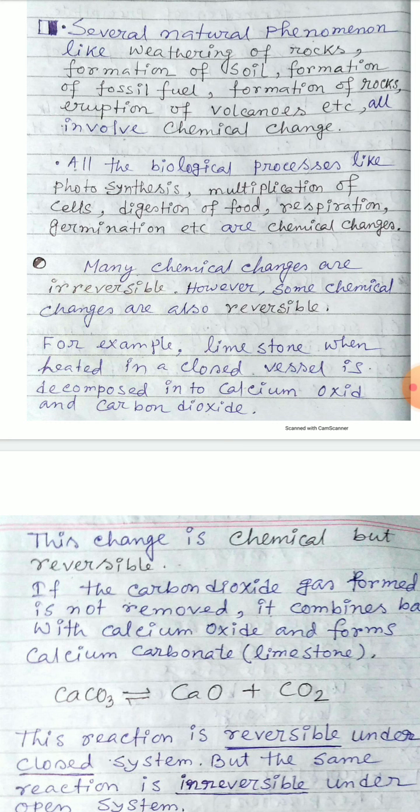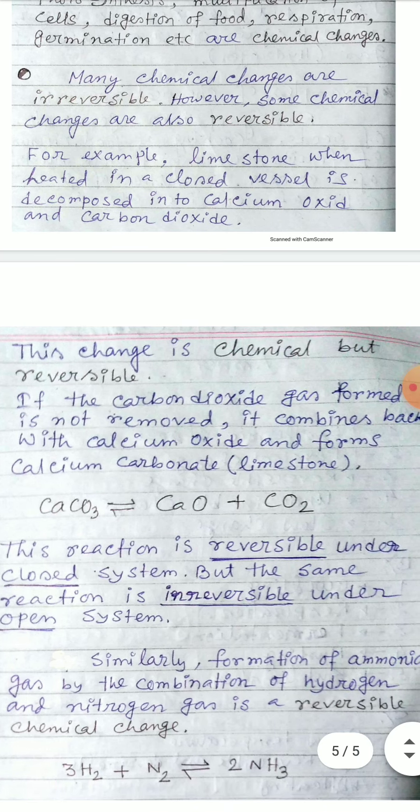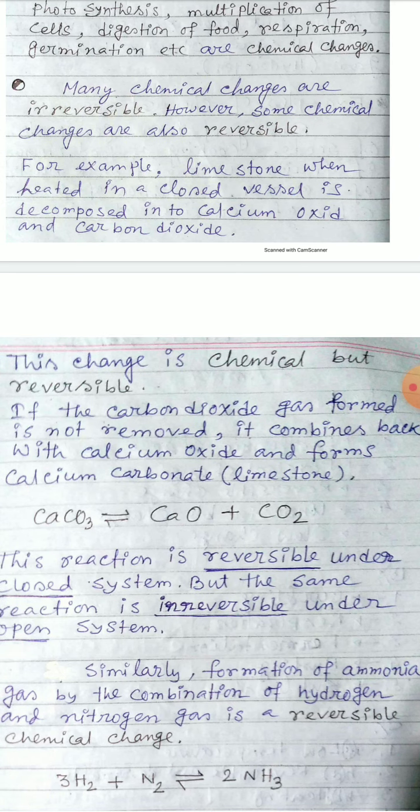For example, limestone, which means calcium carbonate, when heated in a closed vessel is decomposed into calcium oxide and carbon dioxide gas. This is a chemical but reversible change. If the carbon dioxide gas formed is not removed, it combines back with calcium oxide to form calcium carbonate or limestone.